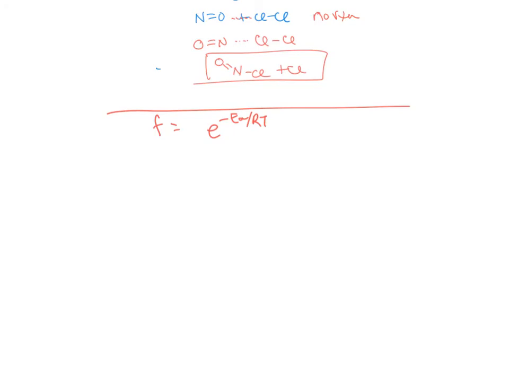So as the temperature goes up, the whole term goes down, but then you have a negative in here as well. So there's an exponential relationship, and as the temperature goes up, we find that the frequency increases. You get 1 over T, then the negative makes it positive, and there's an exponential term in there as well.